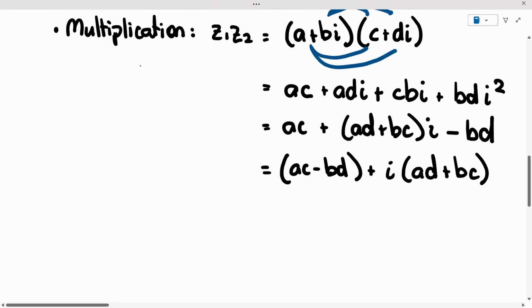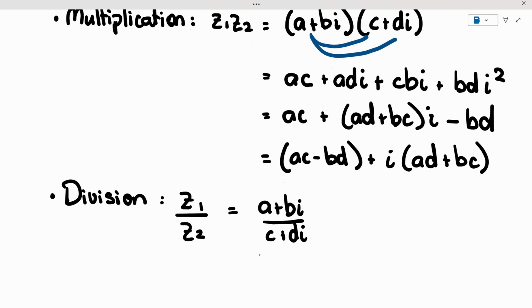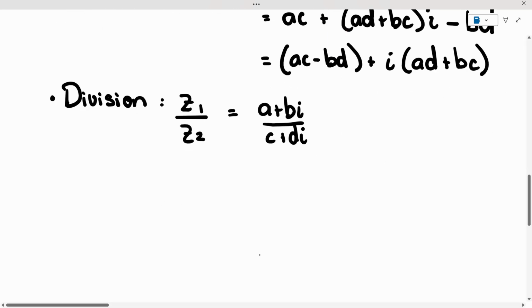Nice. And we can, of course, divide two complex numbers. So we have z1 divided by z2, which is a plus bi divided by c plus di. What we do when we're dividing two complex numbers is something called rationalizing.